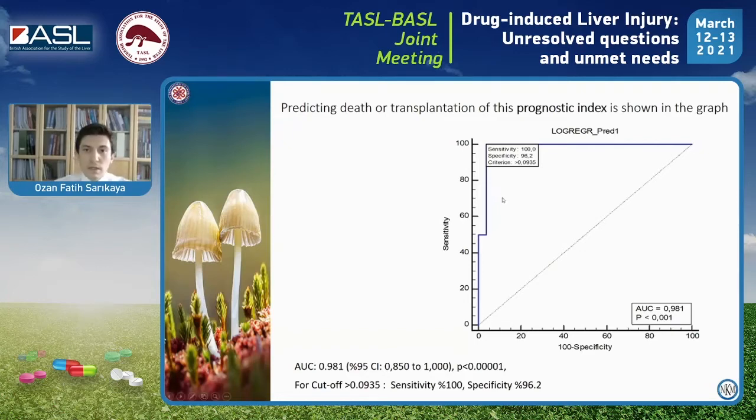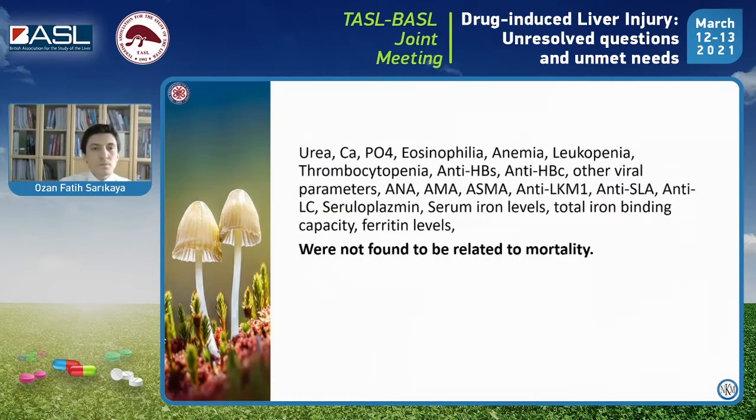We found a sensitivity of 100% and a specificity of 96.2, and the area under the curve is 0.981. We checked for the other parameters such as urea, calcium, phosphate, eosinophilia, the viral parameters, the autoimmune parameters, and they were not found to be related to mortality at all.